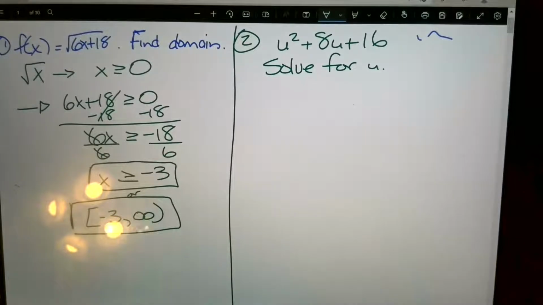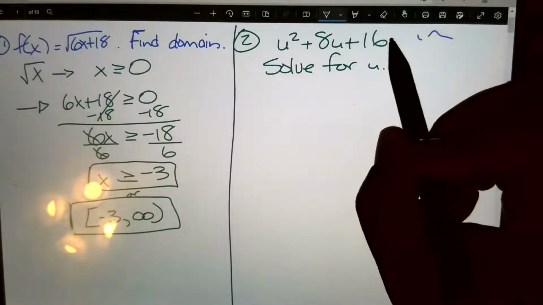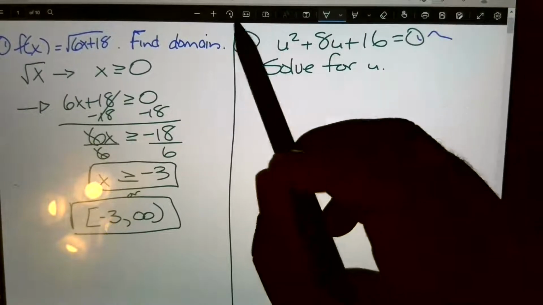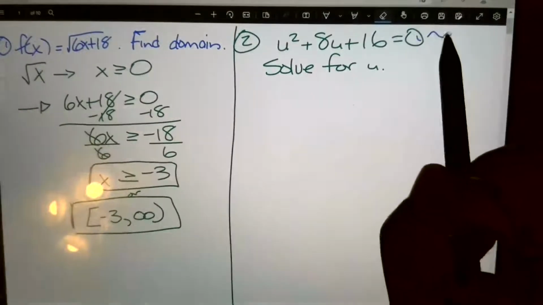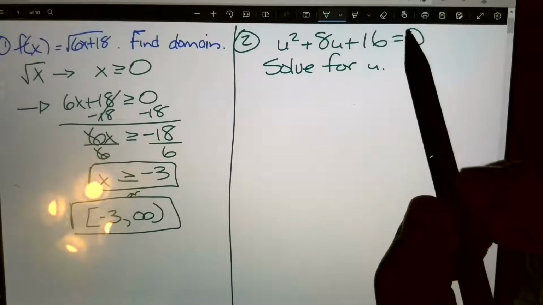So solving that, we want to know what value of u makes this equation true, equal to 0.